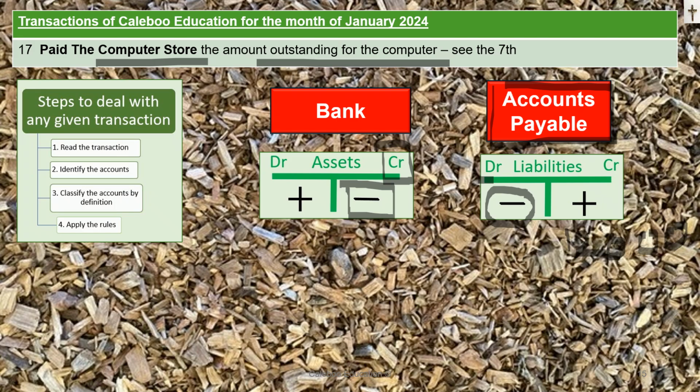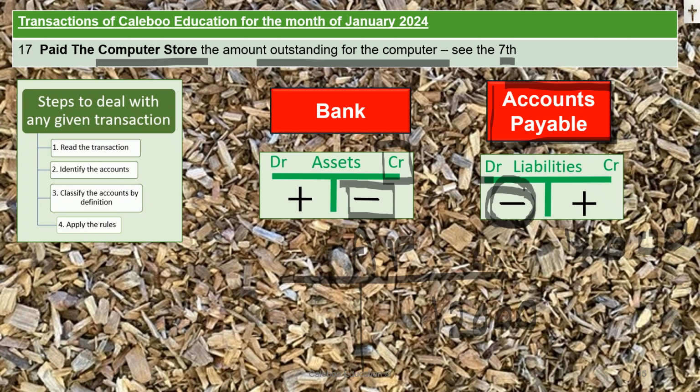Let me draw something here quickly. Right, hopefully you can see that. This says accounts payable, general ledger account. At the moment, inside accounts payable was 12,000. We credited that account on the 7th. There's 12,000 on the credit side. But now we are paying them in full.